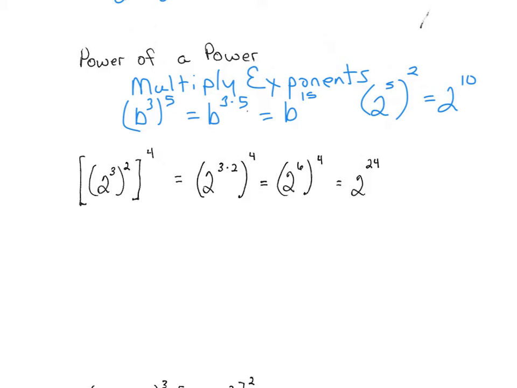So notice I started with these two first. 2 to the 3 times 2, and that's still raised to the 4th power. So we have 2 to the 6th. 3 times 2 is 6 raised to the 4th power, which is equal to 2 to the 24th, because 4 times 6 is 24. Notice it's not that hard. Start from the inside and work your way out.